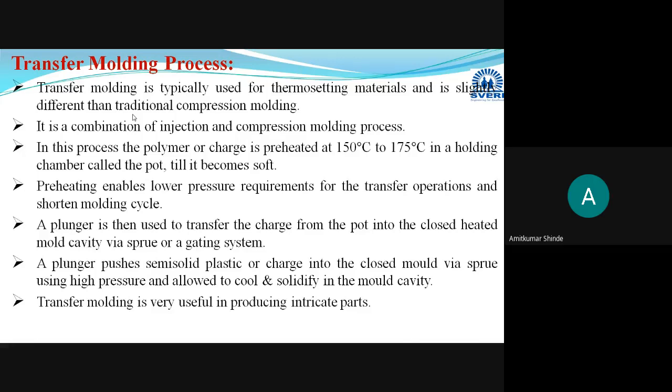To overcome these disadvantages, some changes were made in the compression molding process, and this transfer molding process was invented, or discovered, you can say.